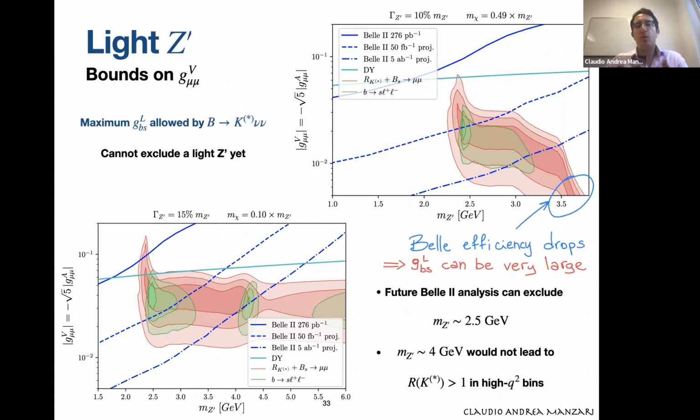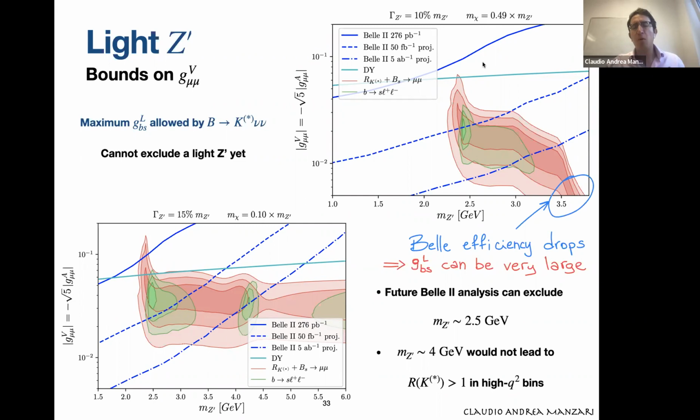Remember that what matters for B to Sll is the product of the coupling to bs times the coupling to muons. So we can, first of all, maximize the coupling to quarks allowed by B to K ν ν and look at the bounds on the muon couplings. This is what I do in this slide. Let's start from the worst scenario at the top right. You have that the dark matter here has the maximum allowed mass.